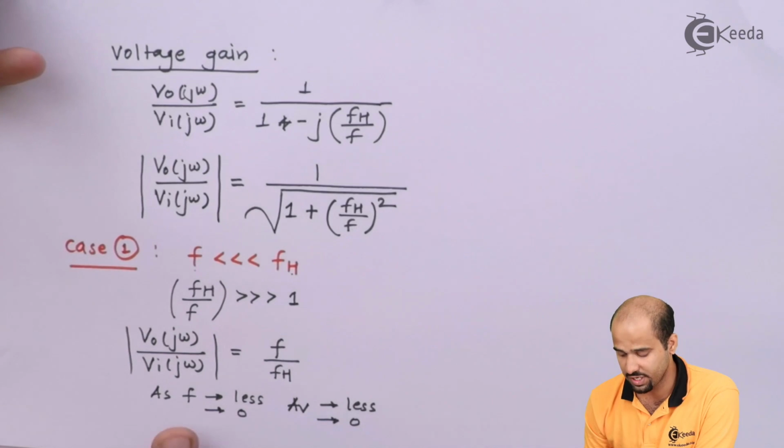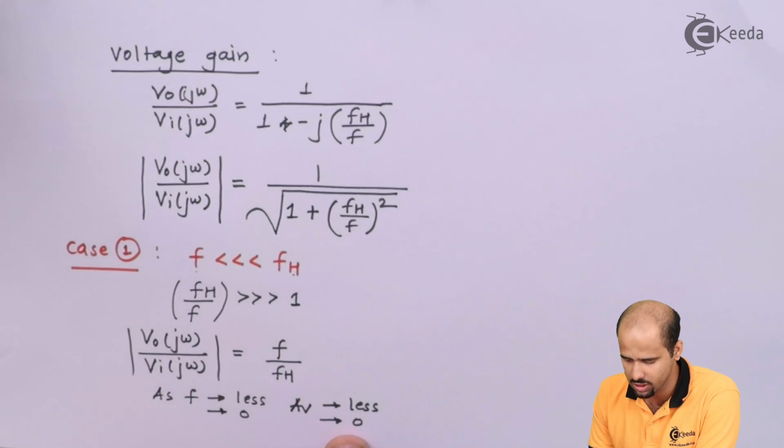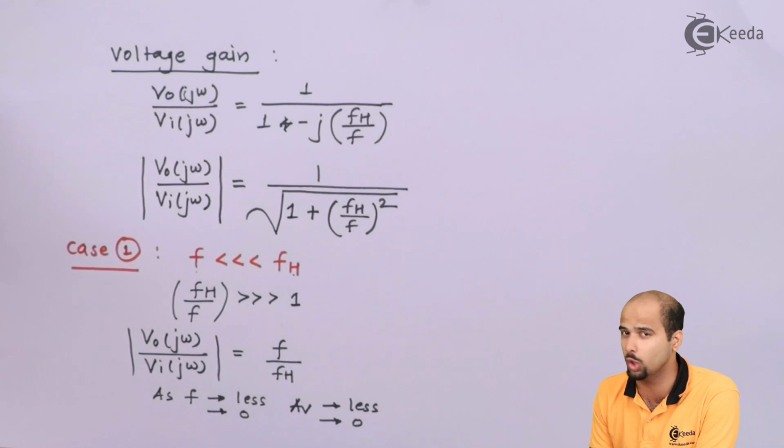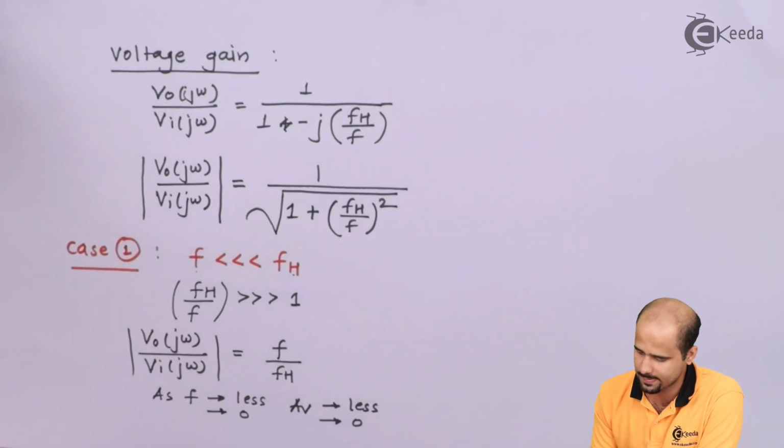So if f is tending towards 0 from fH to 0, Av also will move from a particular value to the 0 value. Okay, so far in case number 1 we have concluded that as my frequency decreases from the value of fH towards 0, then your value of voltage gain as well decreases towards 0. So it's a linear case.